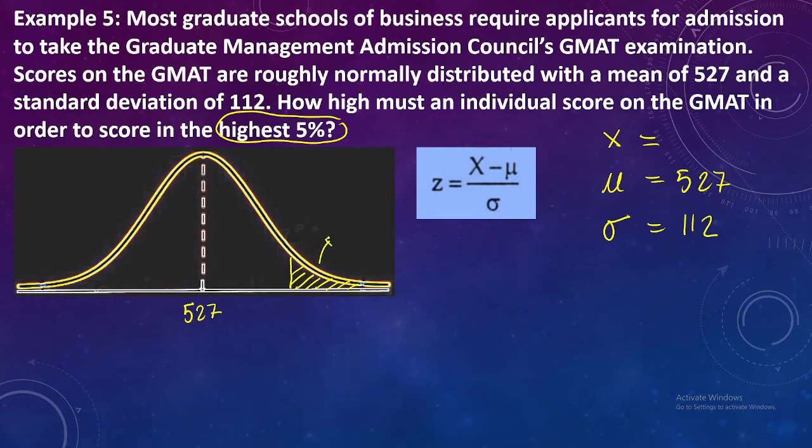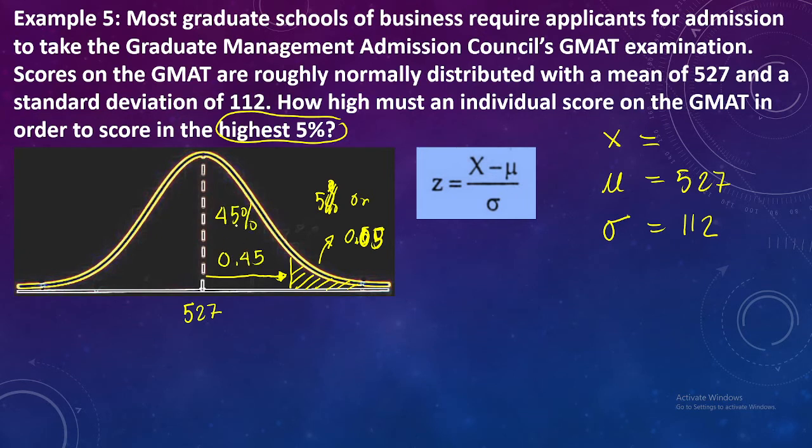So this is 5%, or 0.05 rather. Okay? So take note, this is 0.05. So how much is this going here? 0.45 or 45%.